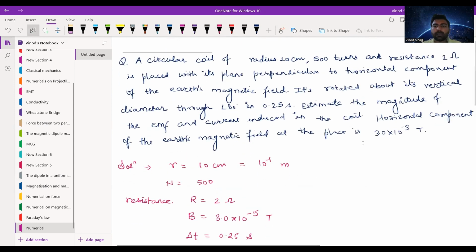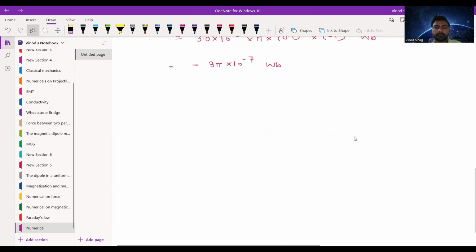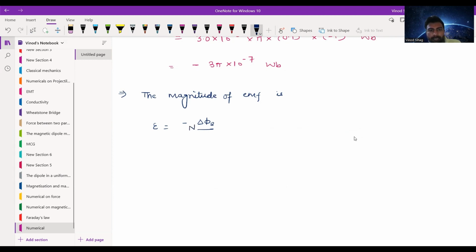Now our task is to find out the magnitude of EMF. The magnitude of EMF is E equals minus del phi B upon delta T, and the number of turns will also be multiplied: minus N del phi B upon delta T. This will be the equation.